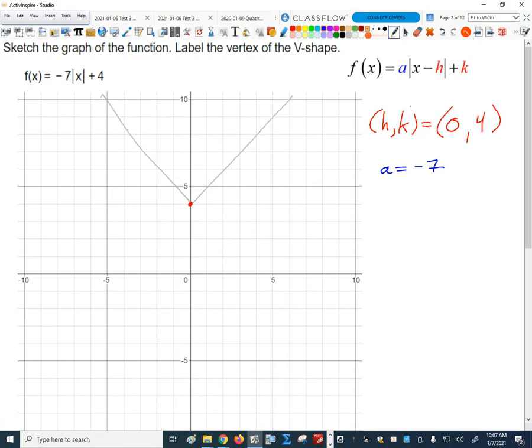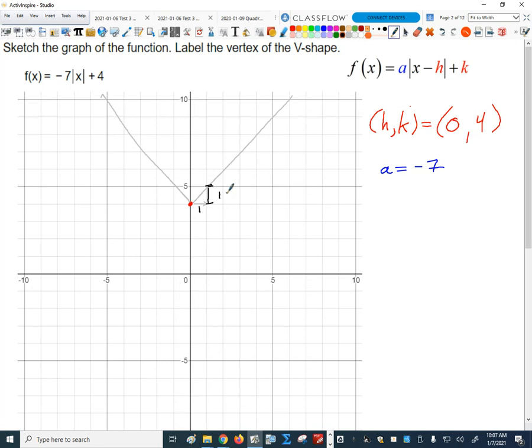You would go down 7. Okay, right. But so I see what you're saying. But instead of going over to the right by 1, in my normal height, if I go over by 1, my normal height of the function would be 1, right? That distance right there. So we're always going to multiply that by the dilation factor of, in this case, -7.